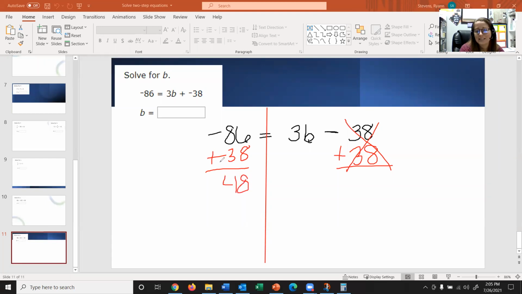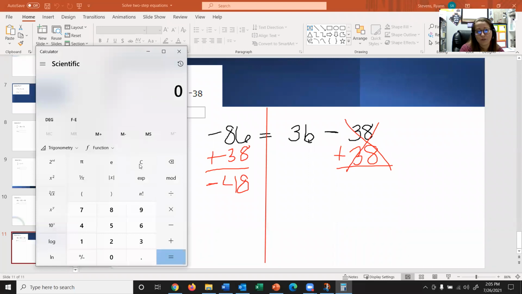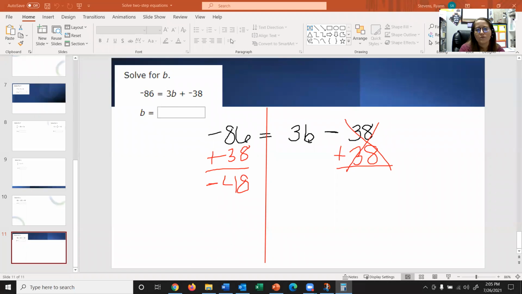Since the 86 is the bigger number, this is going to be negative. I also want to show you this on the calculator. We've got a negative 86 here, and we're adding 38. It gives us negative 48. So now we have negative 48 is equal to 3b.